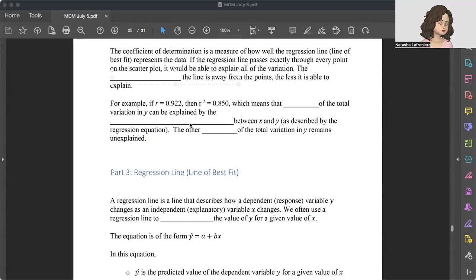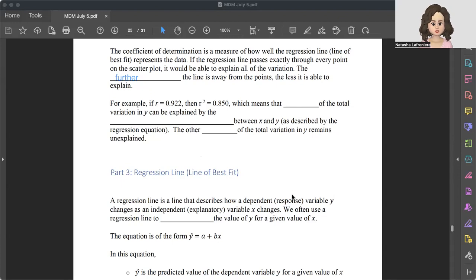So the further the line is away from the points, the less it is able to explain. Again, if your points are very far from that line of best fit, obviously it's going to be less accurate and able to give a prediction.